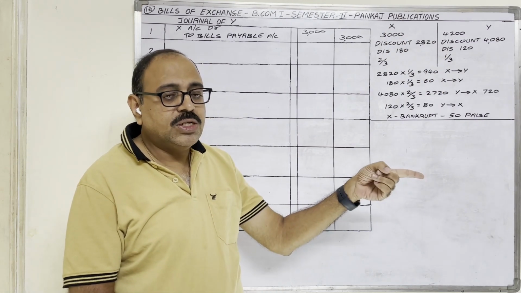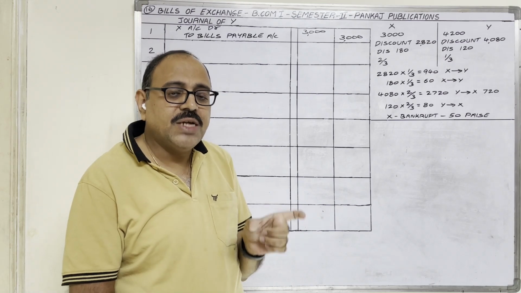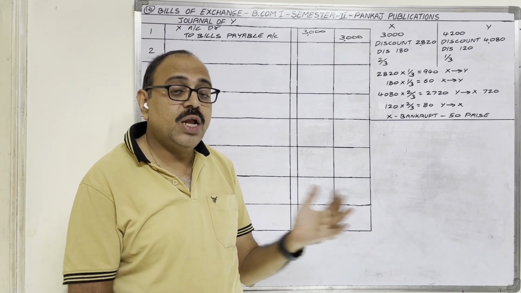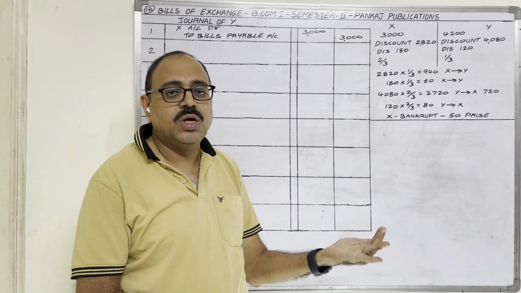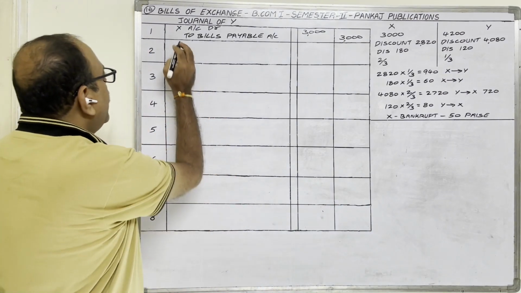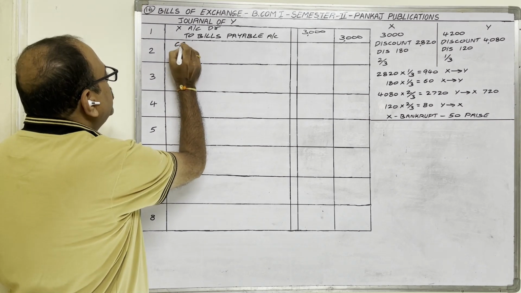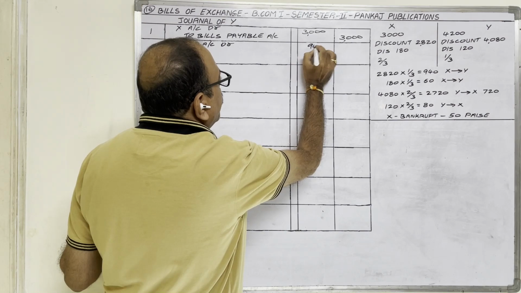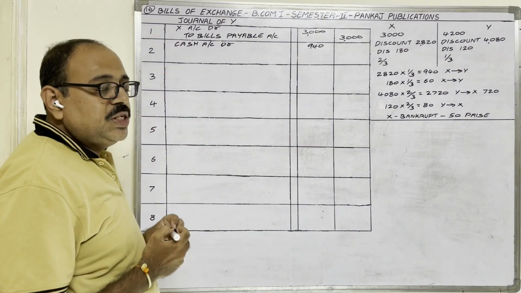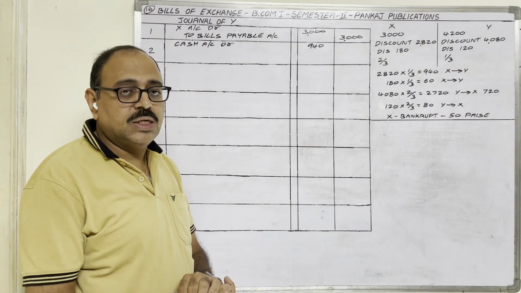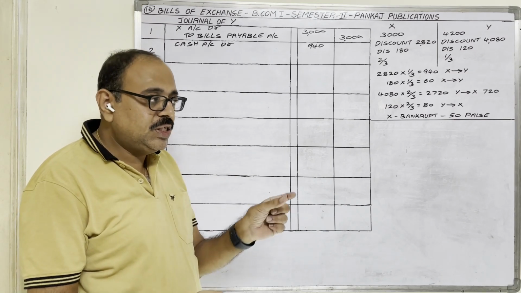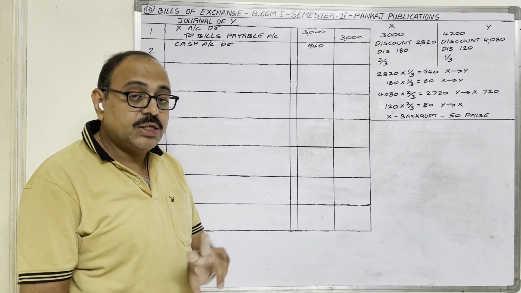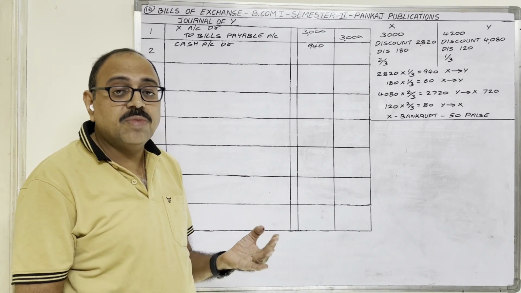So from X, cash is coming. So cash account is a real account because cash is an asset. Real account rule, debit what comes in, credit what goes out. Cash is coming now, debit cash account. Cash account debtor 940 in debit column. In discount loss, 60 rupees X is charging on us. So for Y, this is 60 rupees discount loss. Nominal account rule: debit all expenses and losses, credit all incomes and gains.